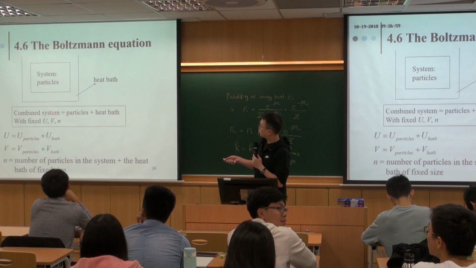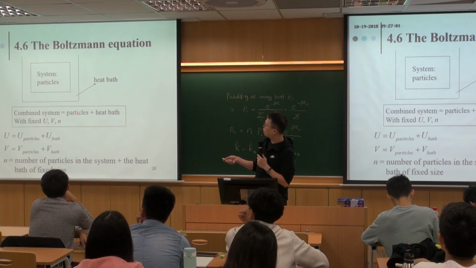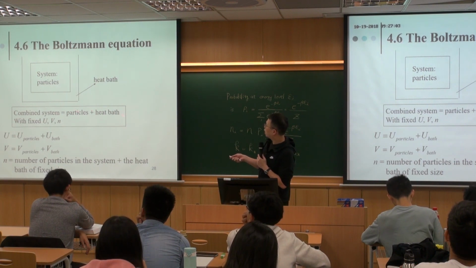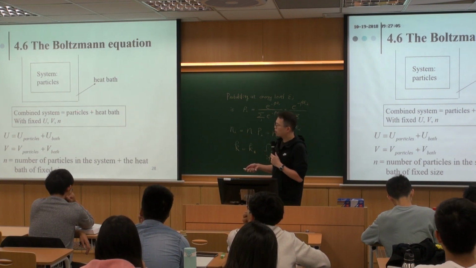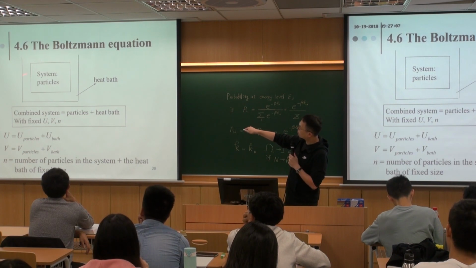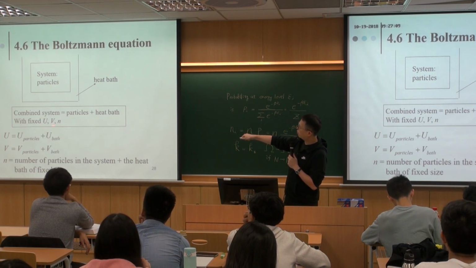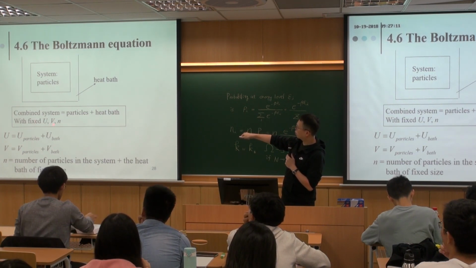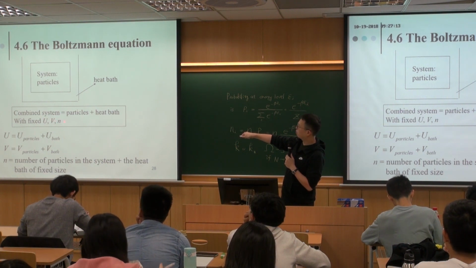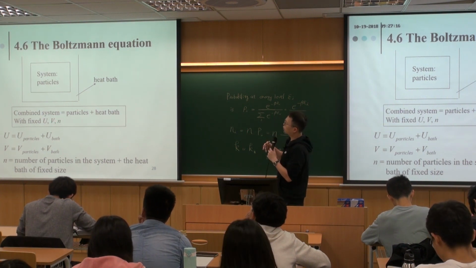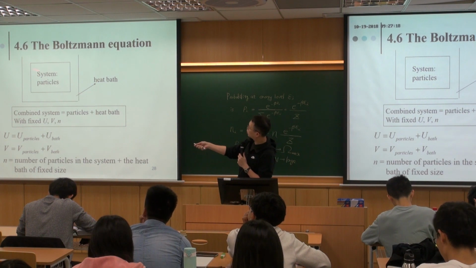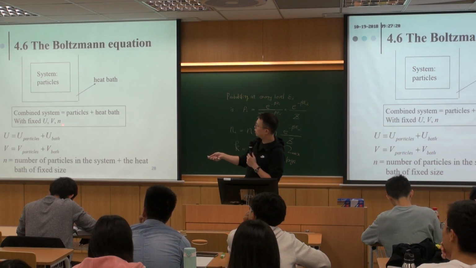And the combined system, for these two adding together, has particles, and you also have the heat bath. If you consider the whole system, let's say they have a fixed internal energy, fixed volume and fixed number. The total number of particles in the system and in the heat bath is a constant.